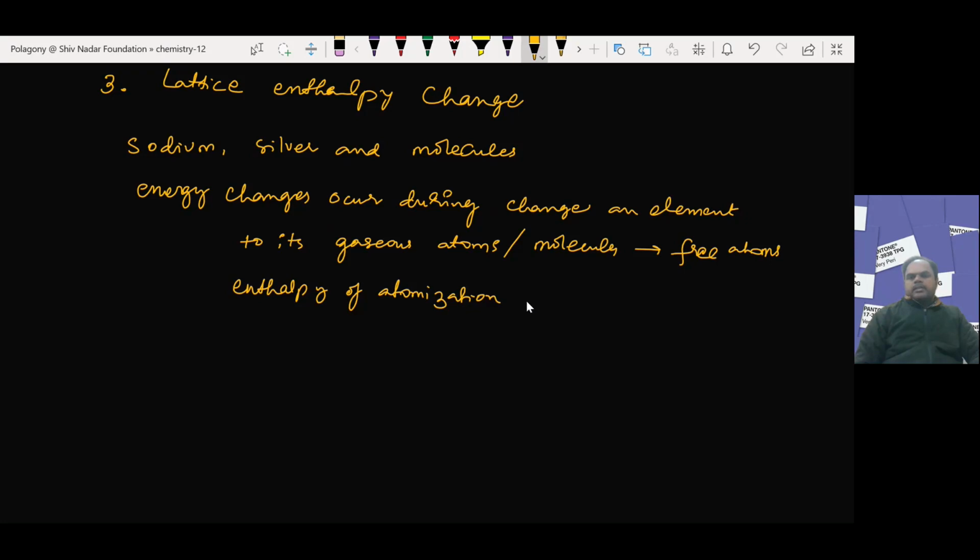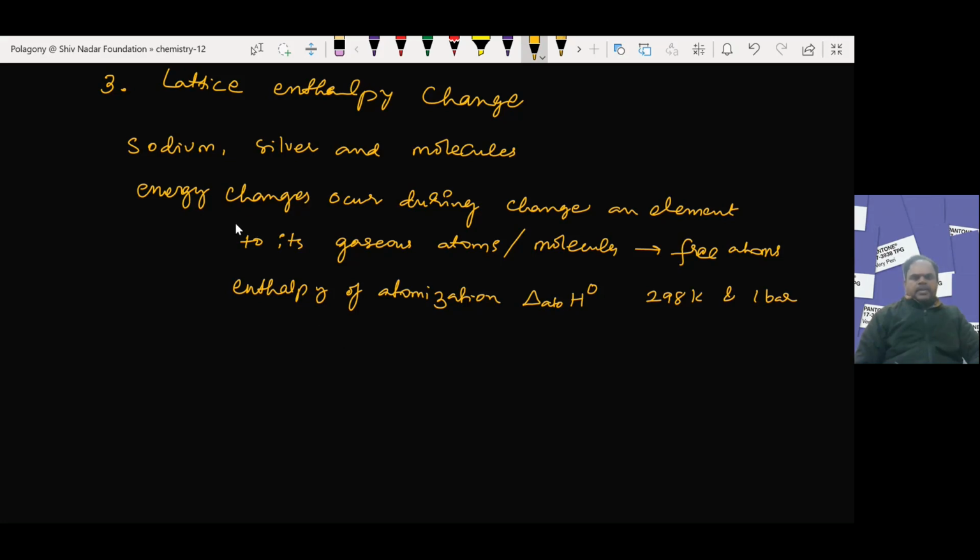The enthalpy of atomization, if it is measured at standard conditions like 298 Kelvin and 1 bar pressure, is called standard enthalpy of atomization.